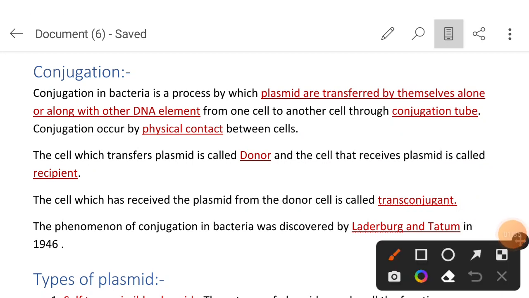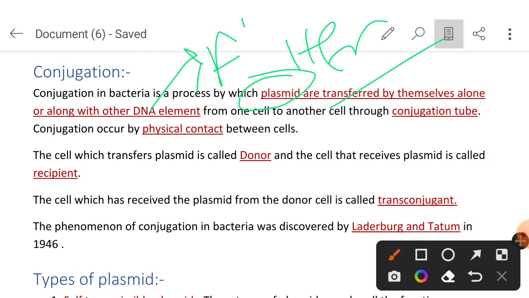Conjugation in bacteria is a process by which plasmids, which are F plasmids, are transferred by themselves alone or along with other DNA elements. We will talk about what we mean by F prime plasmid and what we mean by Hfr strain, all of this, and then you can understand what I actually mean by along with other DNA elements.